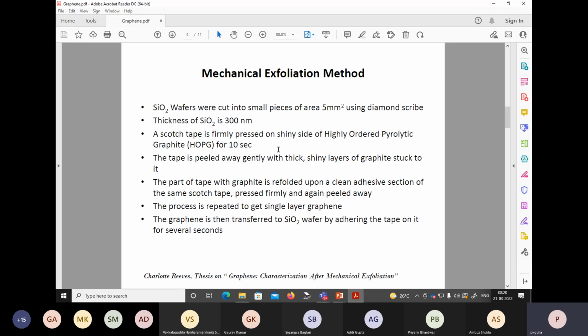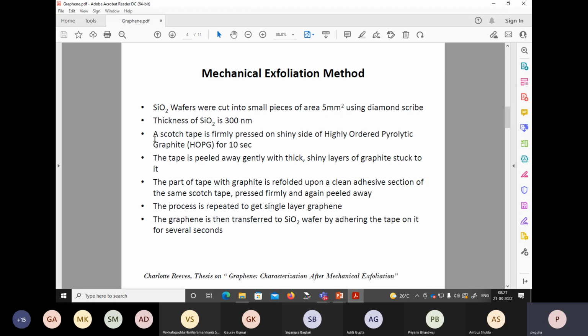As I told you before, one of the easiest techniques, and this is the technique first developed at the University of Manchester, is known as the mechanical exfoliation technique. In the mechanical exfoliation method, if you remember the video, you start with a silicon wafer with SiO2 on top, because SiO2 acts as an insulating layer.